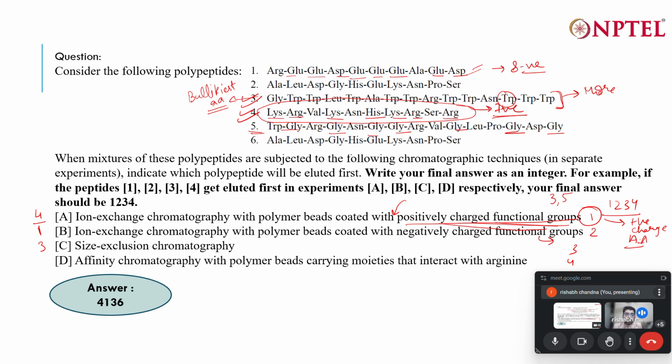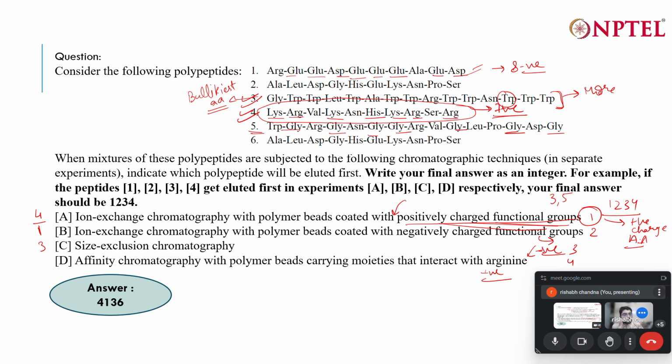Now the last one, affinity chromatography with polymer beads carrying moieties that can interact with arginine. In case of D1, arginine is a positively charged amino acid, so it can interact with the moieties that are negatively charged.